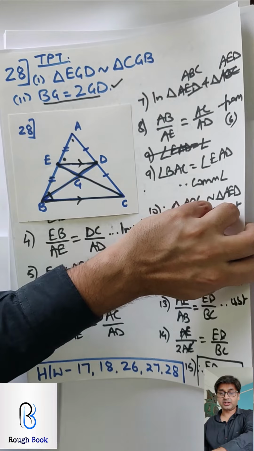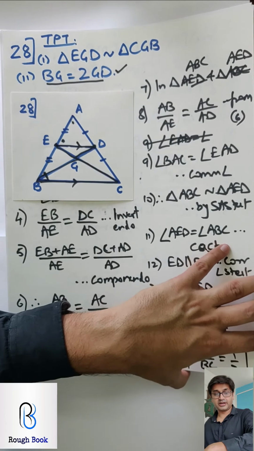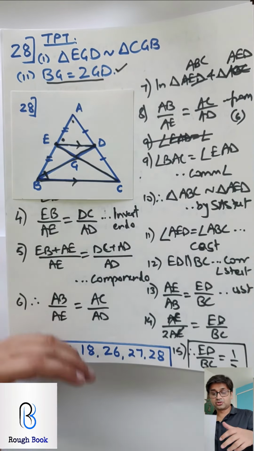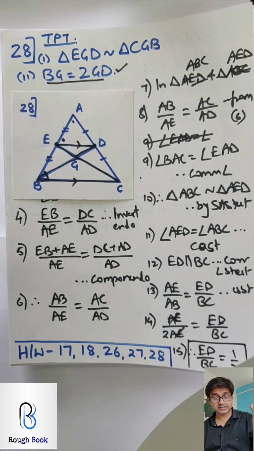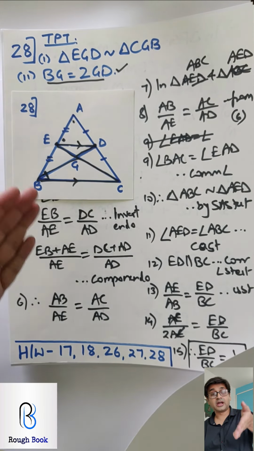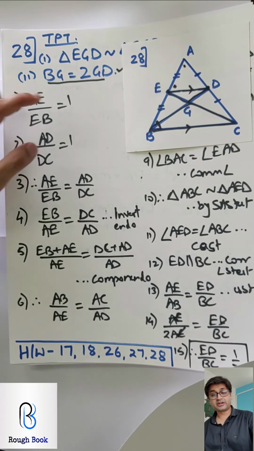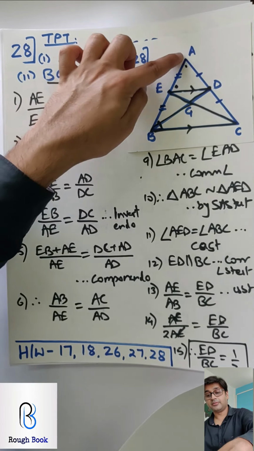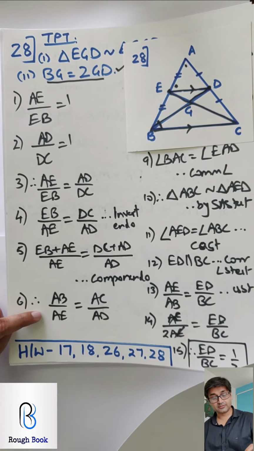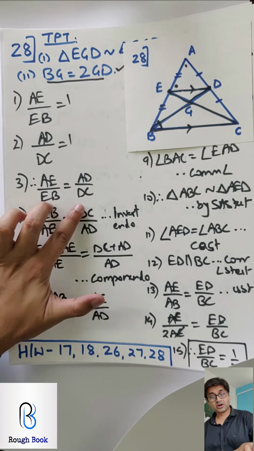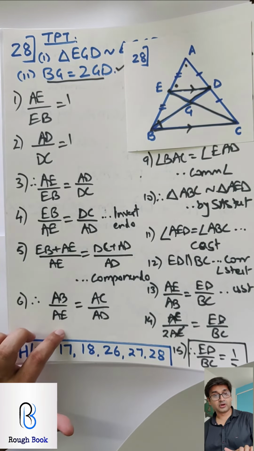So let's take a fresh sheet and continue with the same sum ahead. Now we get into these two triangles finally. So after 14 steps preparing everything, you can now jump into the triangle. So what did we do first? Recap till here. First we tried to prove that AE upon AB equals AD upon AC, which came here after 6 steps. Got them equal, componendo, and then we got this.